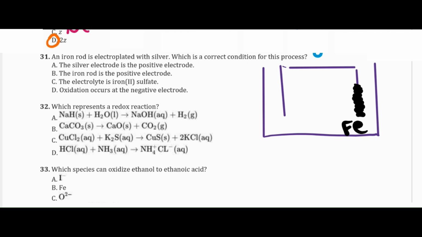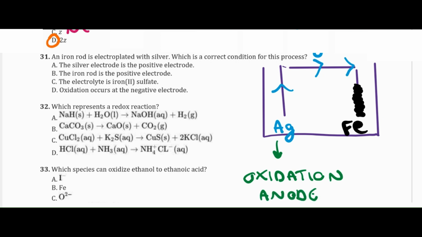We're trying to electroplate it with silver here. So that means we're wanting the electrons to go this way. Well, that would make the silver the place of oxidation. And we know that oxidation always occurs at the anode. Because this is electrolysis, it will be a positive anode.